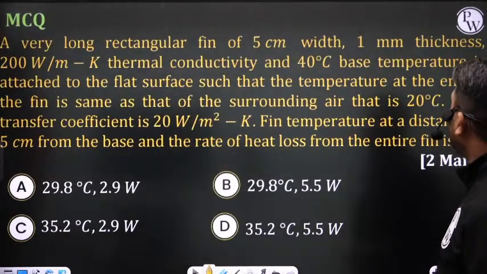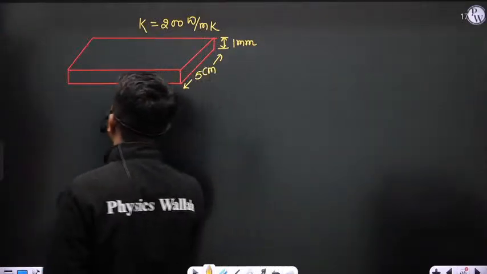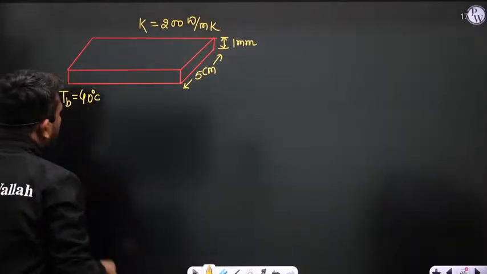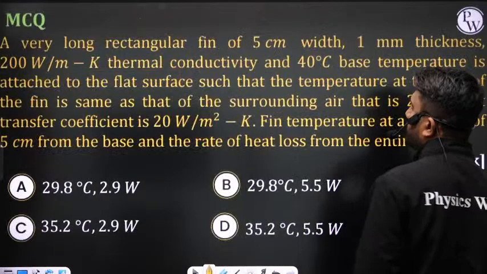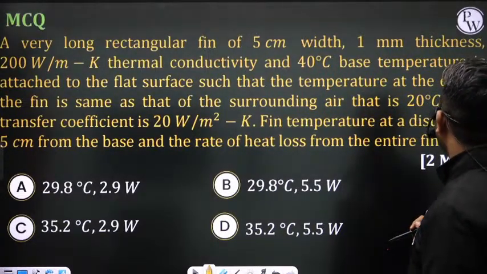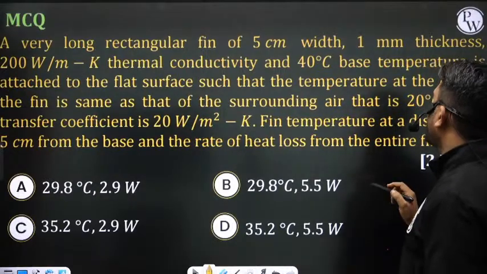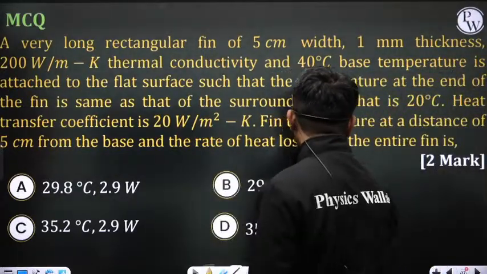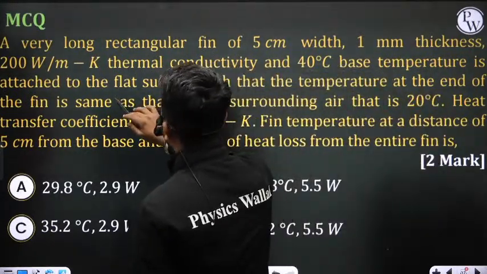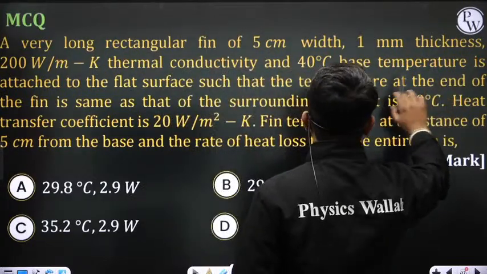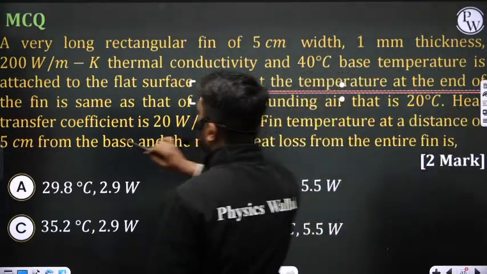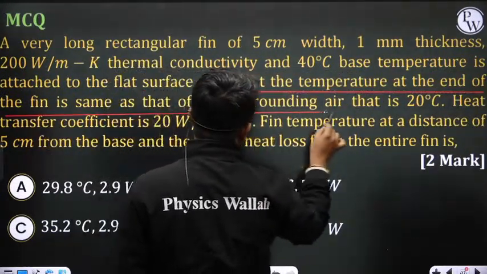And 40 degrees Celsius is the base temperature. It is attached to the flat surface such that the temperature at the end of the fin is same as that of the surrounding air.